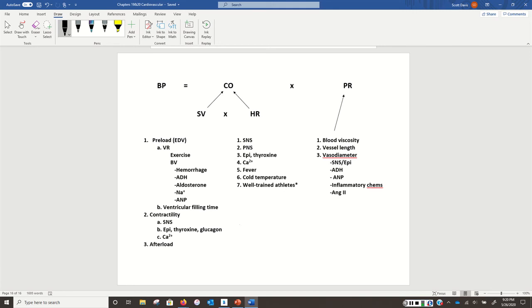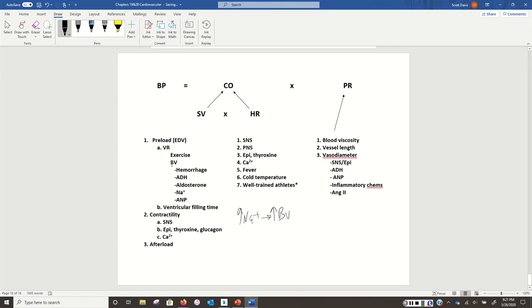Let's look at what happens when there is an increase in sodium. When we have increased sodium, work our way up the chart here. If we go up, the next thing we come to is blood volume. Yeah, sodium is written underneath all of these things, but we go up to the next level. So we're here at the dash level, we go up to the next level, blood volume. Increased sodium causes increased blood volume.